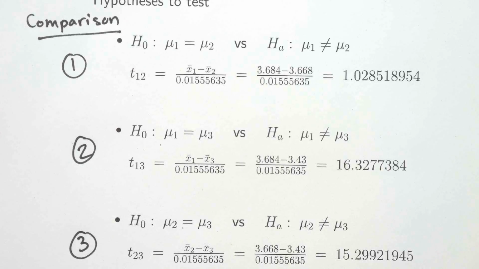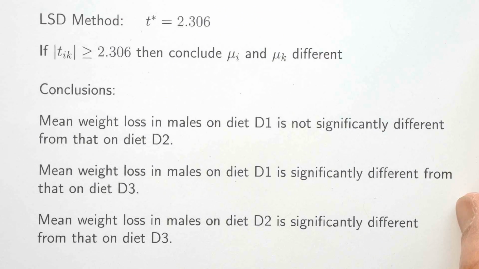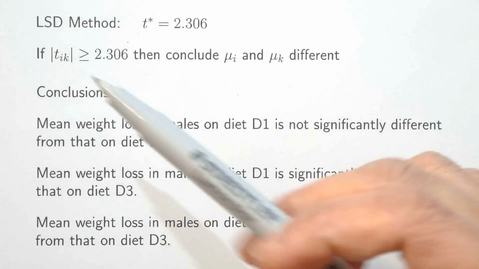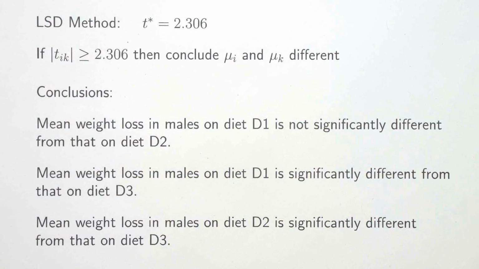Now at this point, we have to decide which type of test we are doing, the least significant difference or the Bonferroni method. Least significant difference is easy in that we don't account for any of the multiple comparison issues. We simply compare our test statistic with 2.306 for these data.